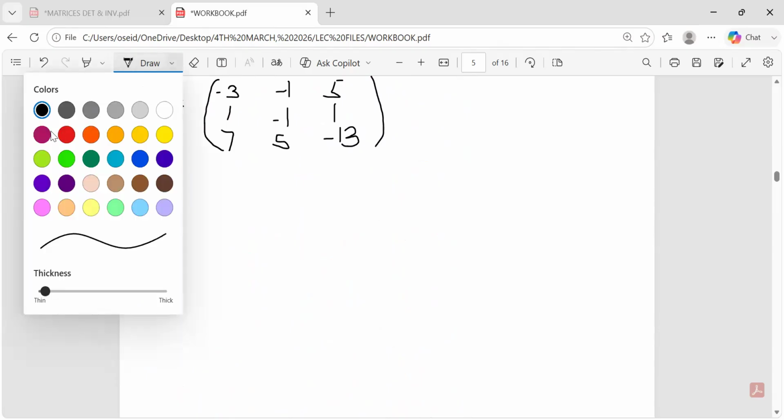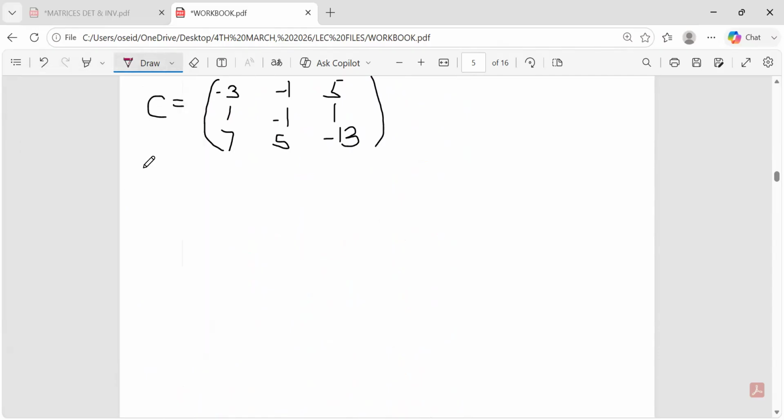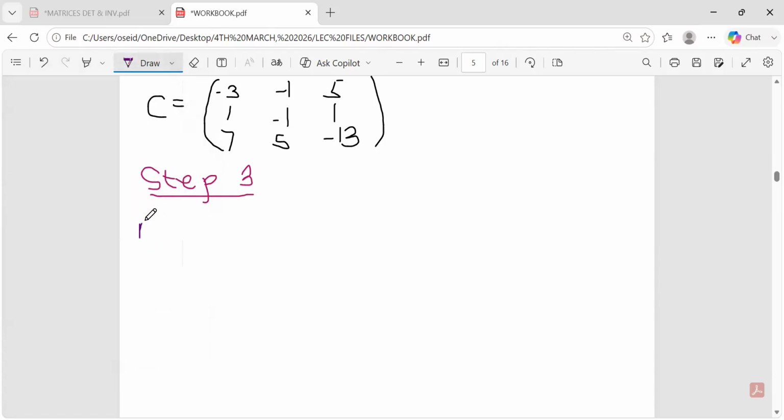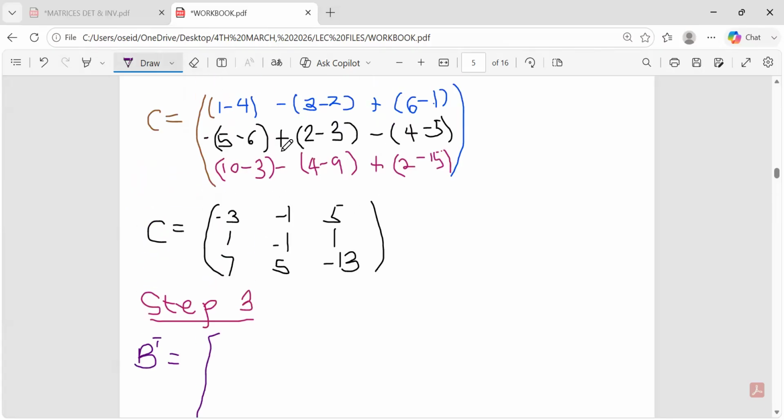So we see that what? Step 3. B transpose will be equal to. So let's take the first row from the cofactor.